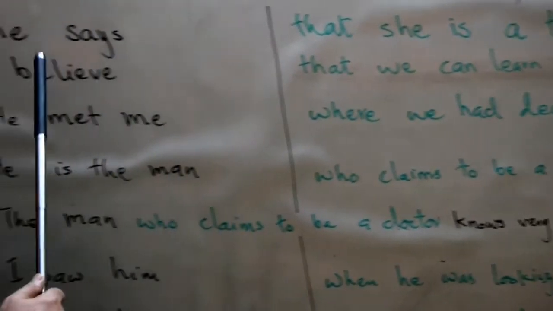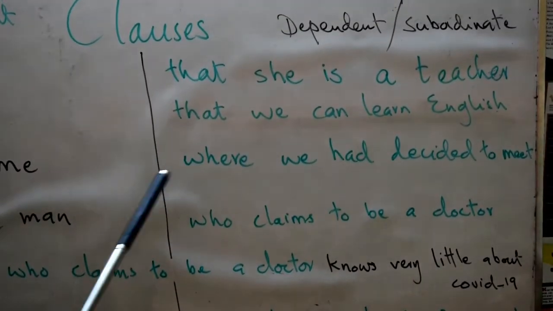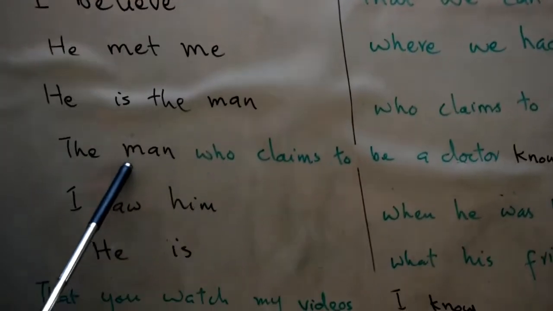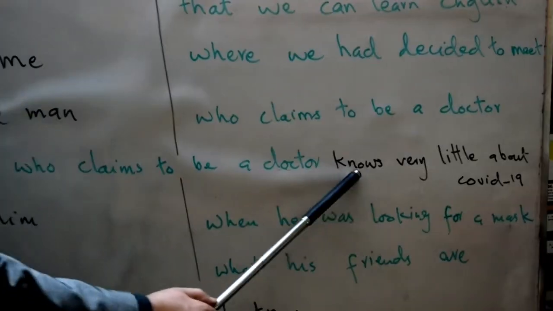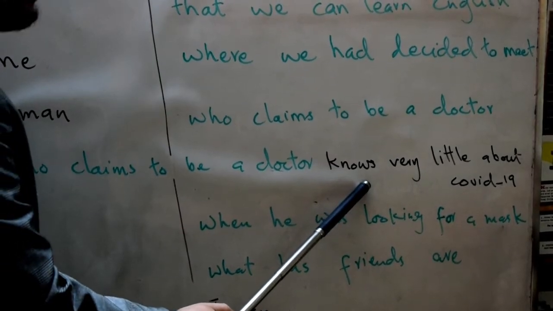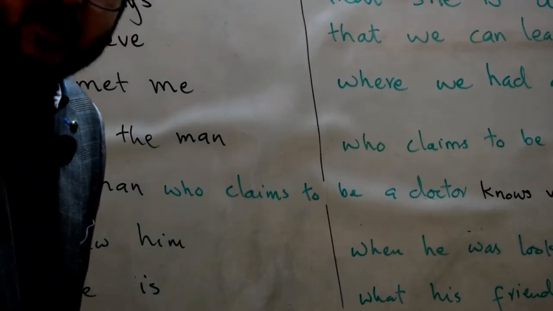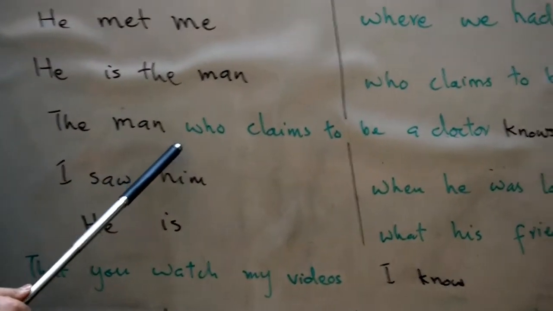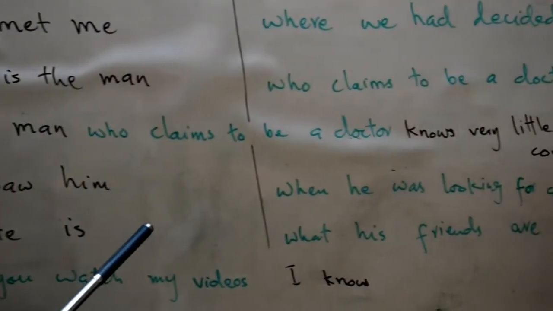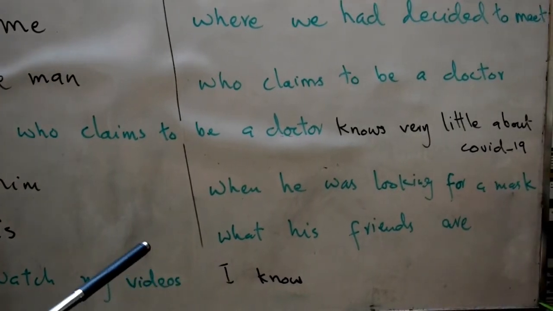Here, first comes part of the main clause, then the subordinate clause, then the other part of the main clause. And the subordinate clause has been placed soon after the noun in the main clause to describe it. Okay, now this can also be a way to write a complex sentence.